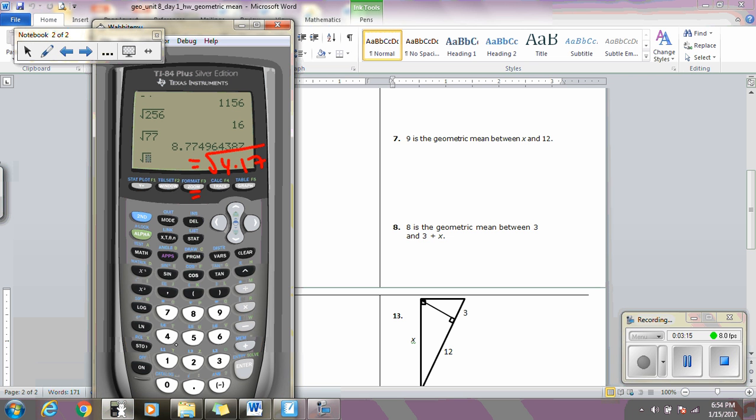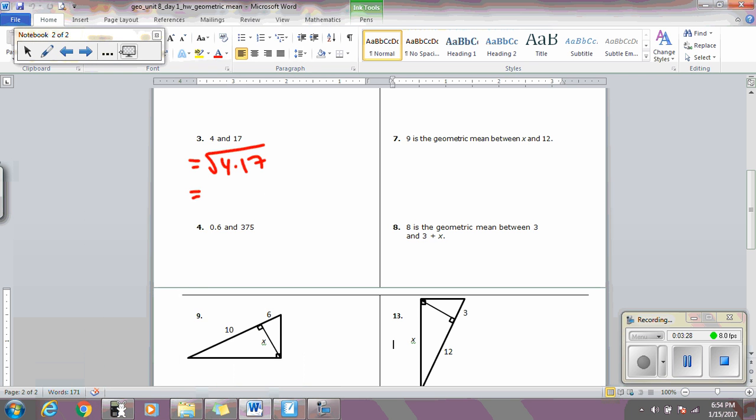So we're going to type it as square root of 4 times 17, which is approximately 8.2. So the geometric mean is about 8.2. I say approximate, not equal to, because I had to round.